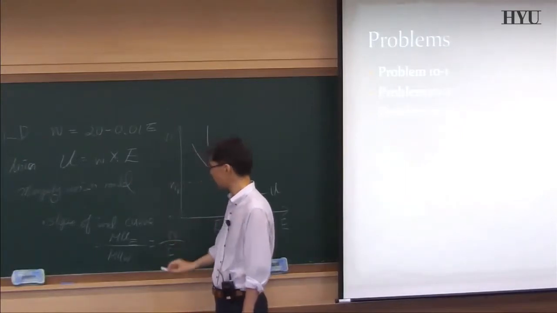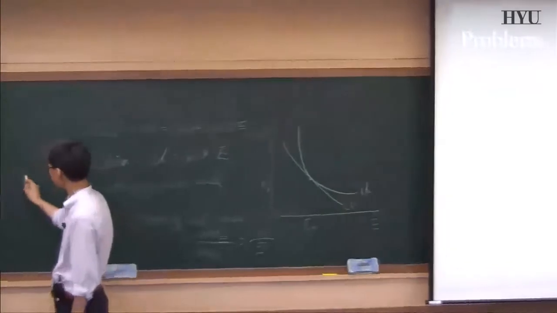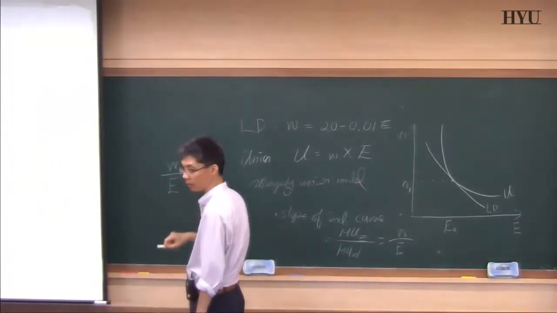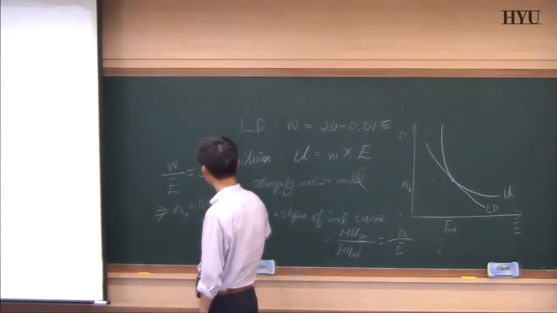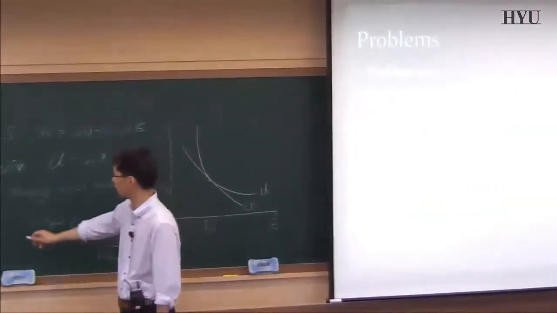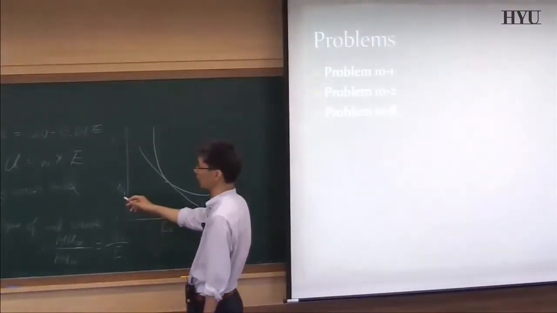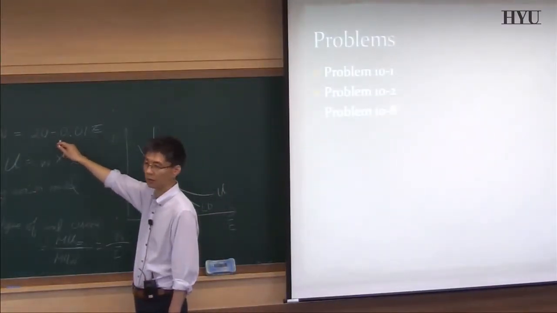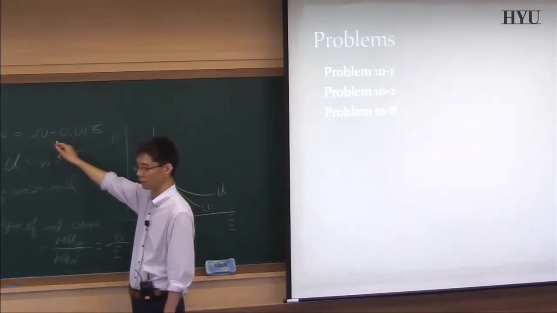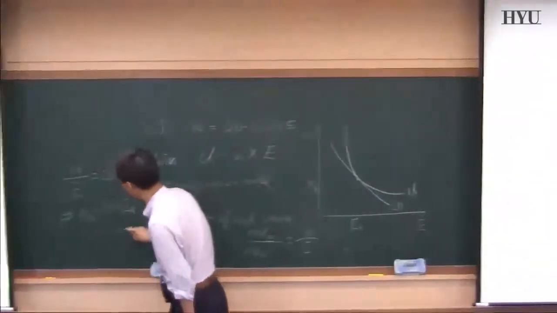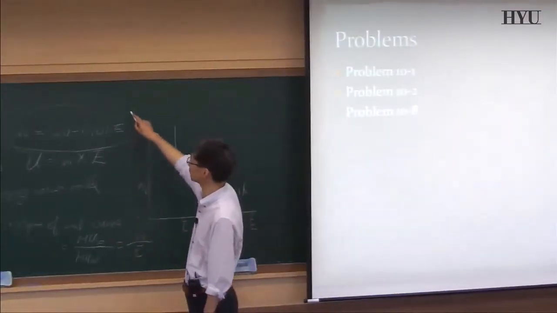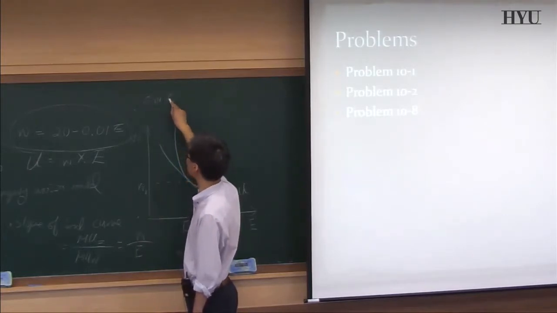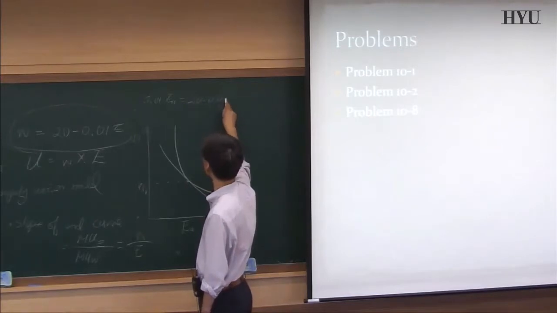E. So W over E must be equal to 0.01. So W_U should be 0.01 E_U. This W and E must be on the labor demand curve as well, so we combine this equation with the demand equation: 0.01 E_U equals, for example, 20 minus 0.01 E_U.